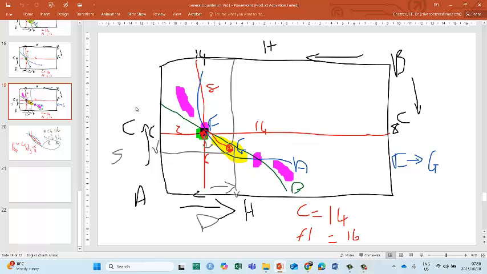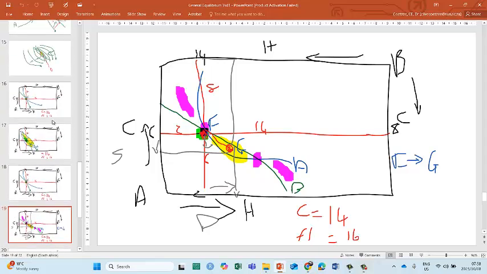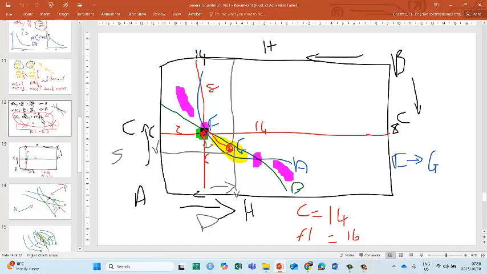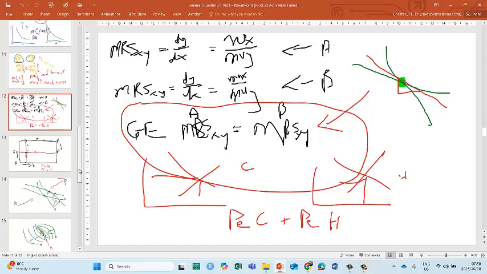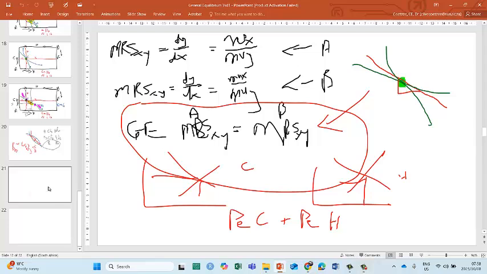And remember, central to general equilibrium is this idea that the marginal rate of substitution of X for Y for person A must be the same as the marginal rate of substitution of X for Y for person B. That is general equilibrium. There's a whole lot of things happening at that specific position, like efficiency.